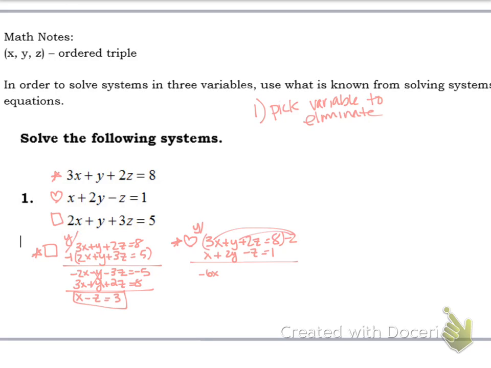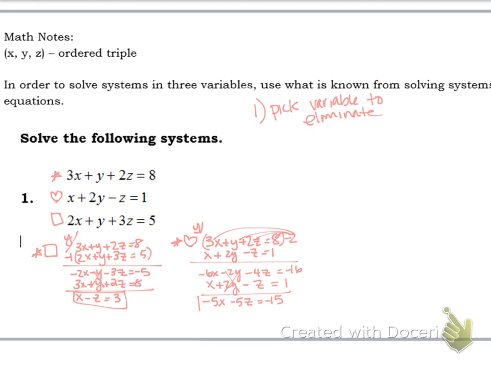So negative 6x minus 2y minus 4z equals negative 16. Drop my untouched equation right underneath it. Add going down, I get negative 5x, y's canceling.